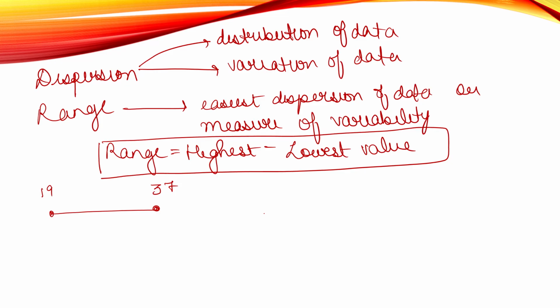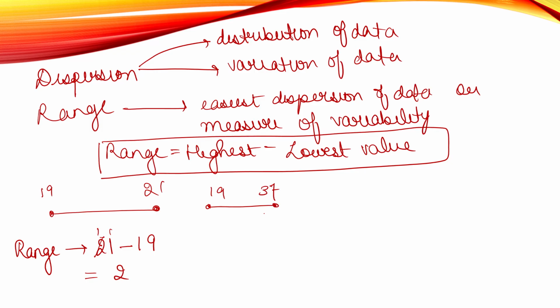A restriction is an interval type range. So suppose let's say 19 to, not 37, we'll take 21. So your range in this case will be 21 minus 19, 2. Let's say now I have taken some voters from between the age of 19 to 37.